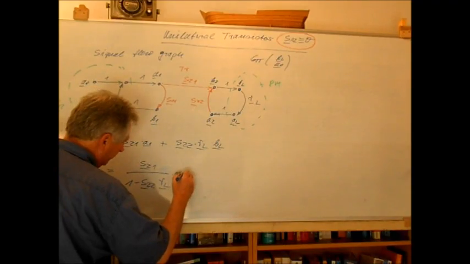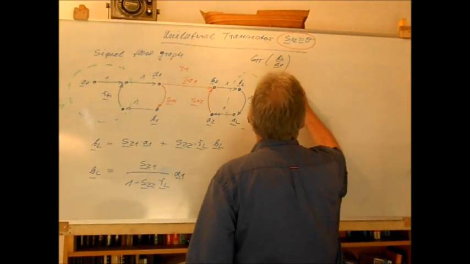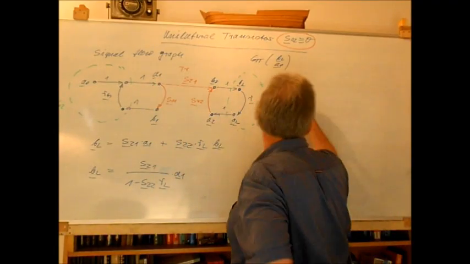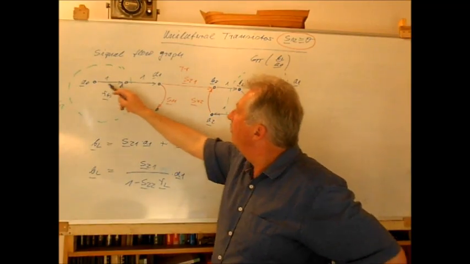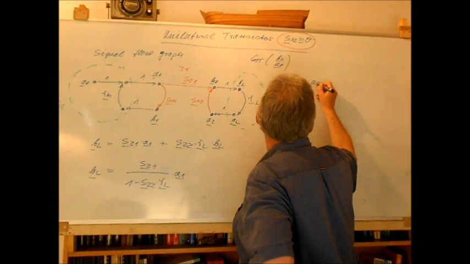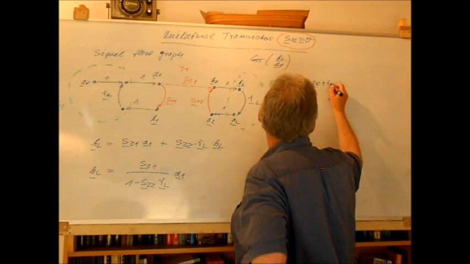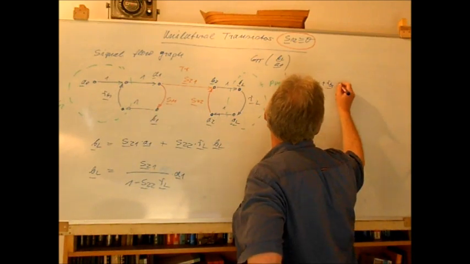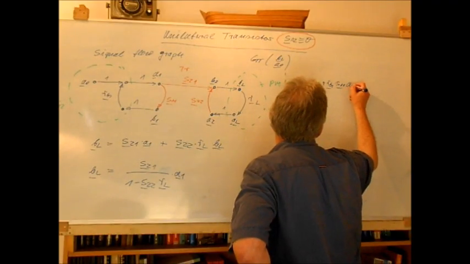Of course here we have to use A1. On the other hand, we see, for example, that the wave amplitude A1 is given by, of course, A naught here plus RG times B1, but B1 is S11 times A1 again.